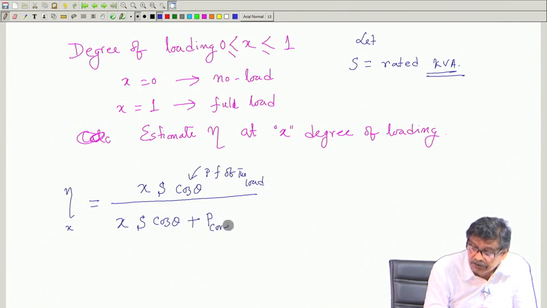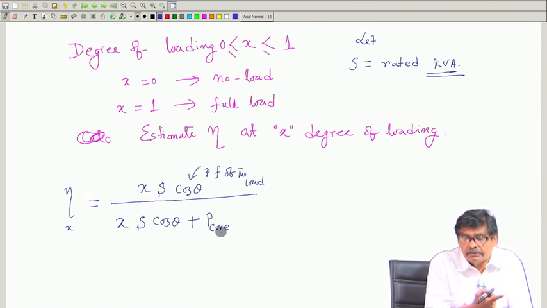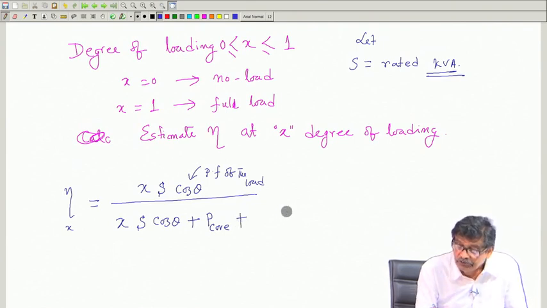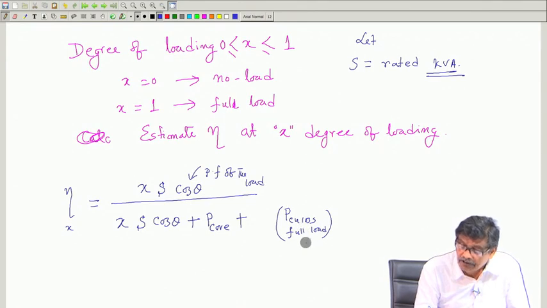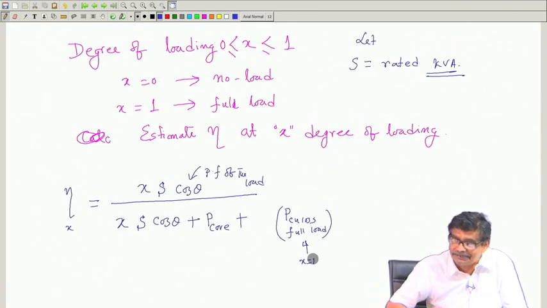Two losses are there. P core remains constant, it does not depend upon the degree of loading; no matter whether it is 50% loaded or 100% loaded, P core remains the same. Now, I know P copper loss at full load. This copper loss is at x equal to 1, when the transformer is carrying rated currents.